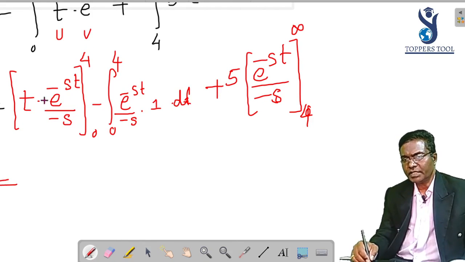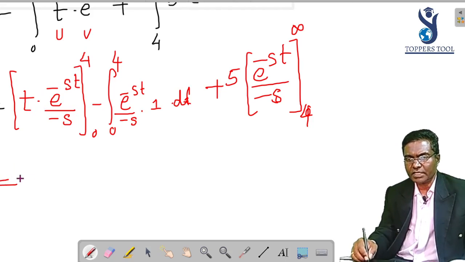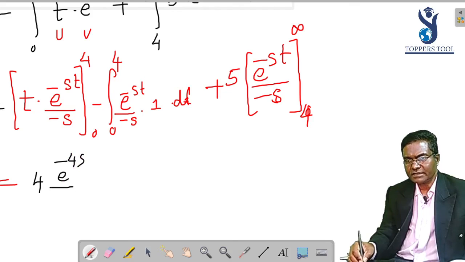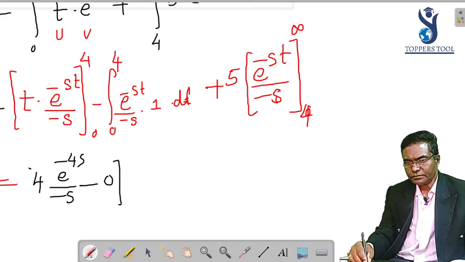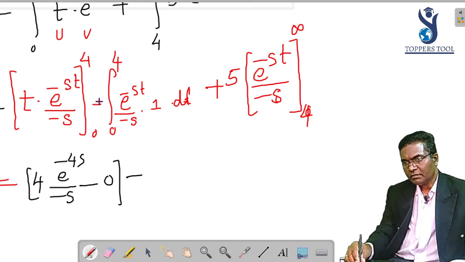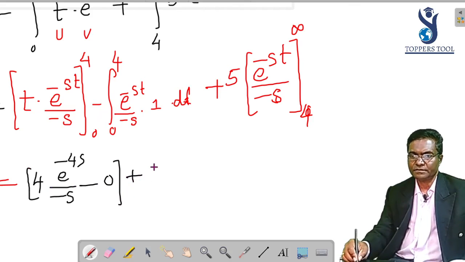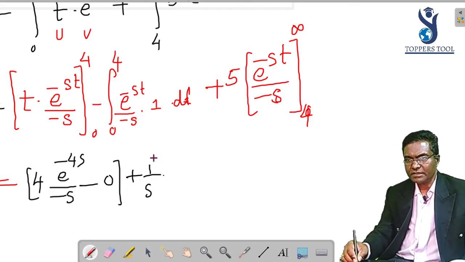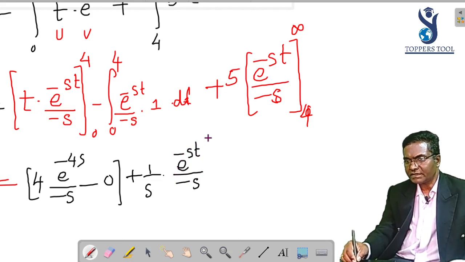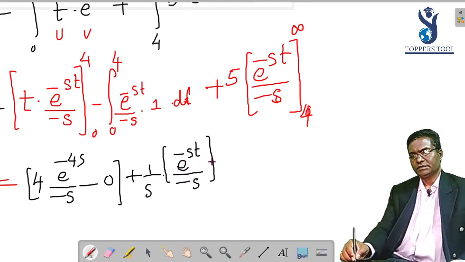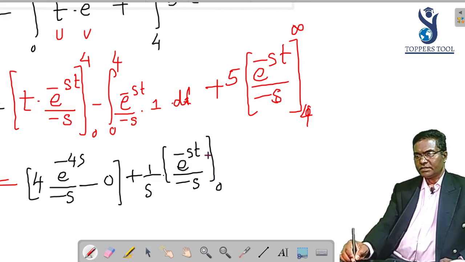Now substitute t as 4. If you put 4 here, you will get 4 e power minus 4s by minus s. And if you put t as 0, it becomes 0. Minus into minus plus 1 by s, and integration of e power minus st is e power minus st by minus s, 0 to 4.